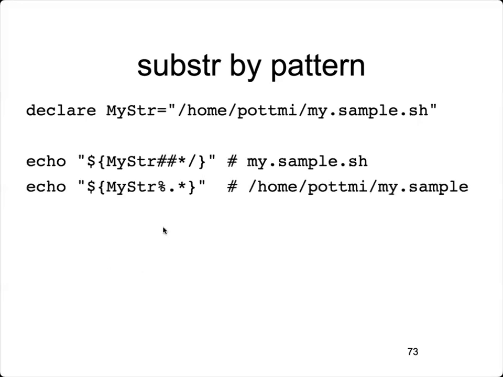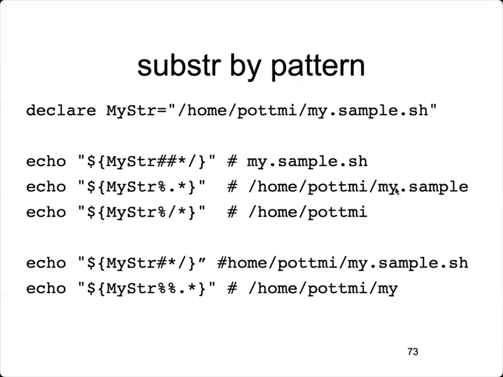Okay. Anyway, here's using this as input. So we're going to remove wildcard slash as many times as possible, right? So this is how to remove the directory and just end up with the file name. Here, we only want to remove one extension. So the percent sign is not greedy. It's only going to do it once, period, star, and then we've removed one extension. So I intentionally put a file with two dots in it to demonstrate that.